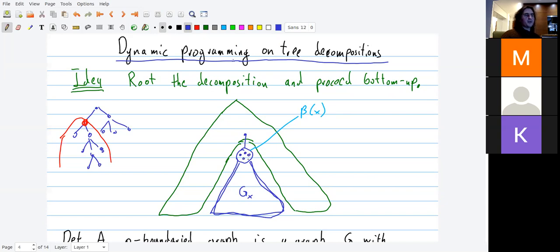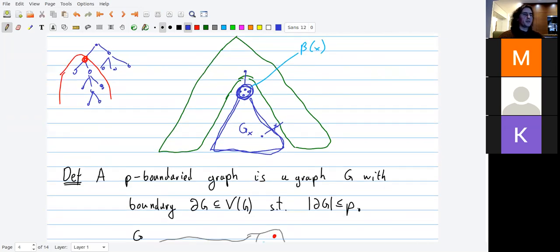And these vertices can communicate with the rest of the graph only through this bag at the root. This is the separation property that we have. So all the vertices that are here and are not contained in the bag will not have edges to the rest of the graph, which separates our problem into pieces. And we will sweep the tree decomposition bottom up, keeping partial solutions to the problems we are interested in.